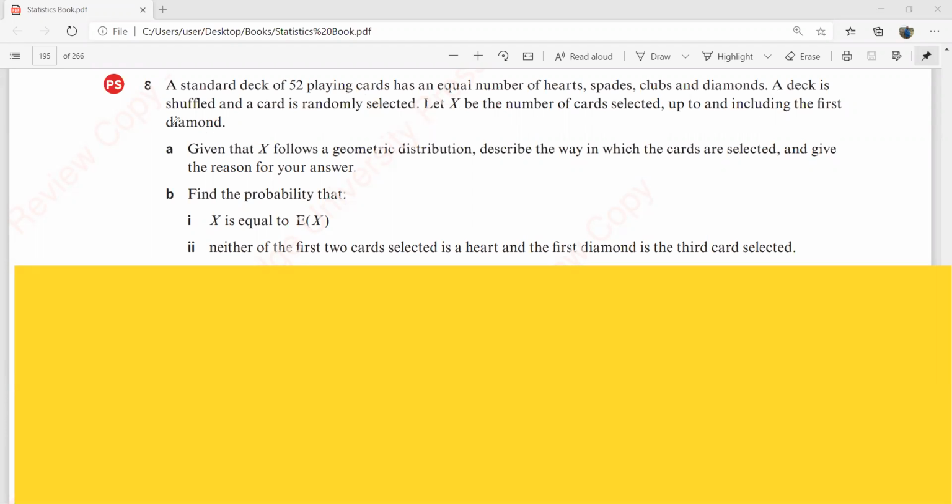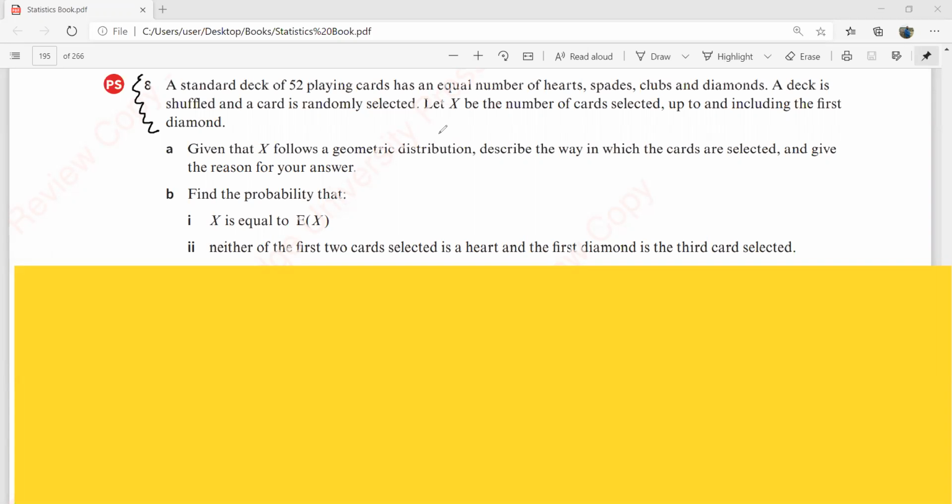Okay? The first thing here is that he should make clear that when you pick a card you have to replace it, otherwise this cannot be modeled as a geometric distribution, because in a geometric distribution and binomial distribution we have to have fixed probabilities. The probability of success has to be constant throughout.